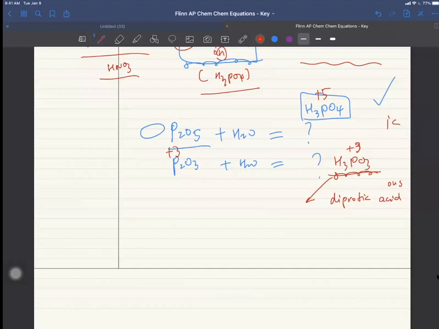Okay, now it's your turn, guys. Come on, draw the structure. You already know the pattern, right? So you just need to put the bond there.